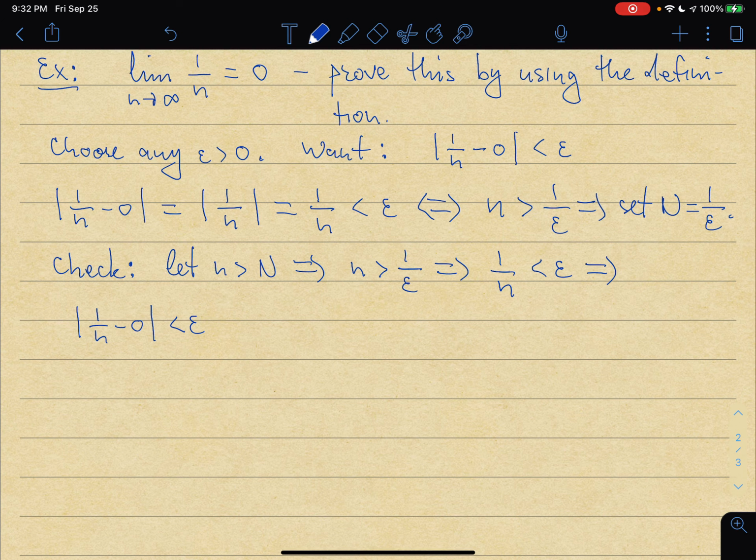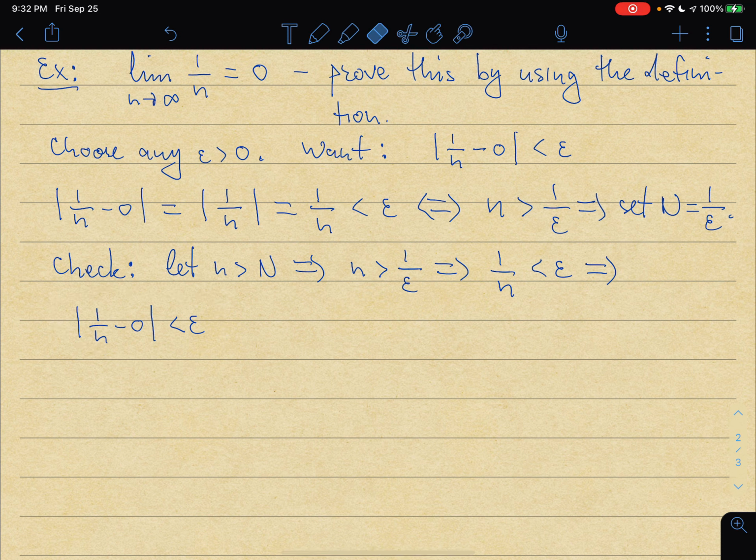And so what have I been able to do? I chose any epsilon greater than 0. For this any epsilon greater than 0, I found capital N, which is 1 over epsilon, such that if n is bigger than capital N, then my sequence minus 0 is less than epsilon. But that means that the definition of a limit is satisfied.